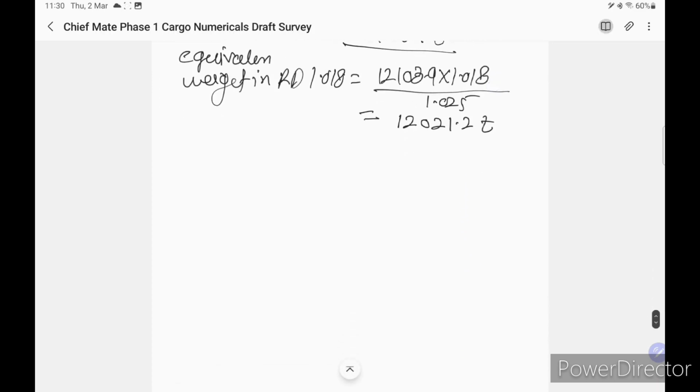Now we'll move to the final part of the numericals.